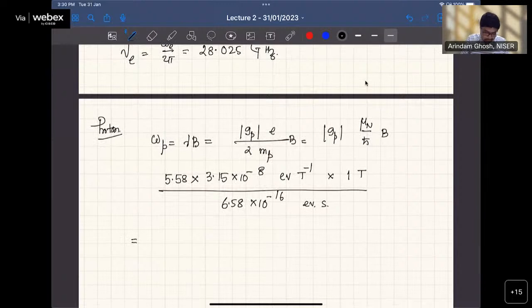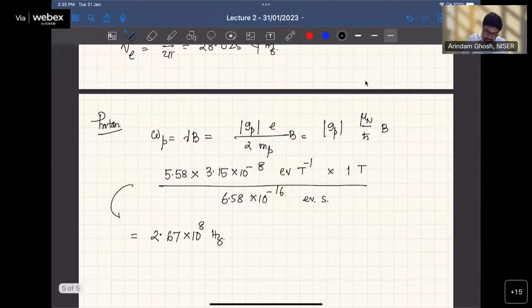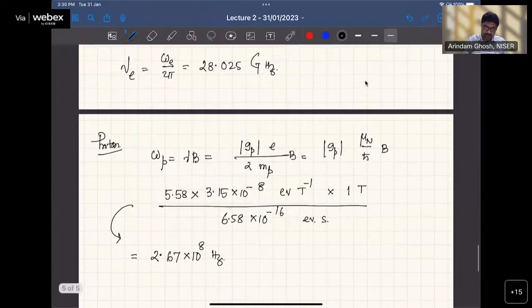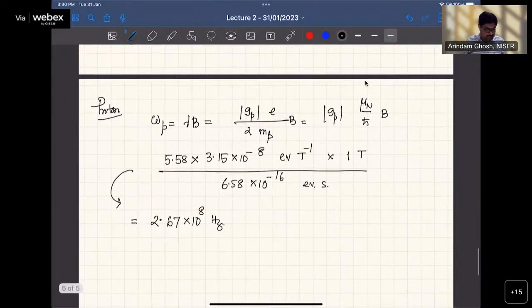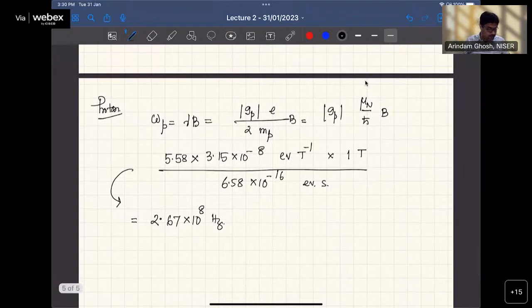So these are the numbers, and then finally what you get is 2.67 times 10 to the power 8. Sorry, this is per second, so it's basically radian per second.